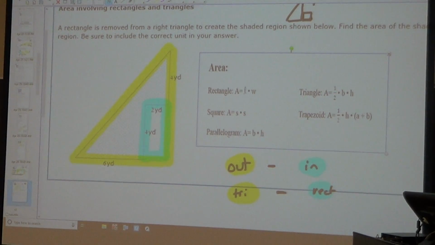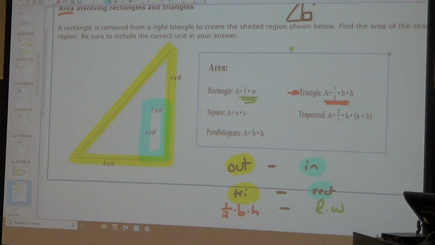So I come over here, and we have a formula for the area, because we're doing area. The area of a triangle, the formula is 1/2 times base times height. Rectangle, we already know, is length times width. Is everybody with me so far?